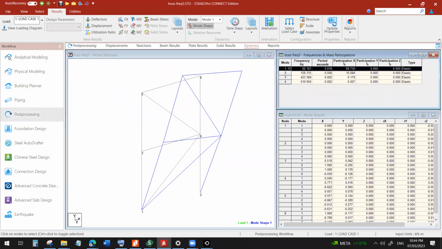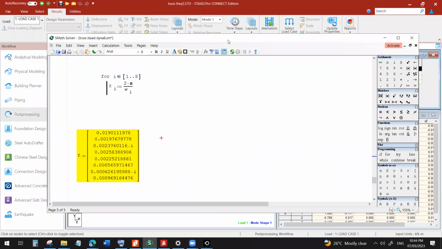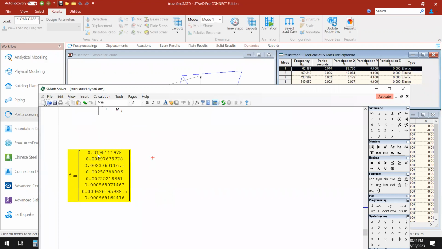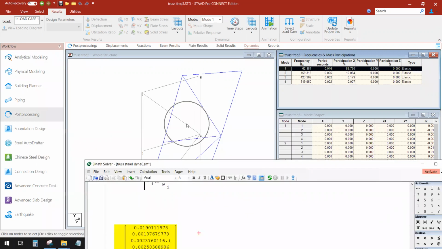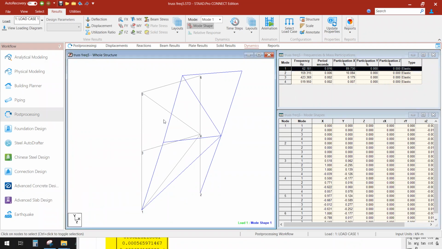Yan, may discrepancy when I use self-weight, no? 0.016 versus kay STAAD na 0.019. Okay? Yan. So, that's the first mode kay STAAD. Now, what if we get the total length ng truss, for example, let's get the total length nito, and then apply dito sa joint, no? Let's check, no, what will be the discrepancy naman, no?